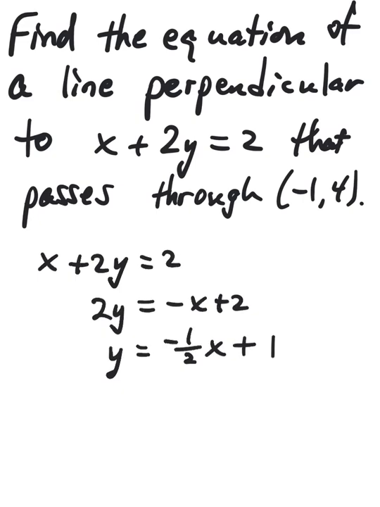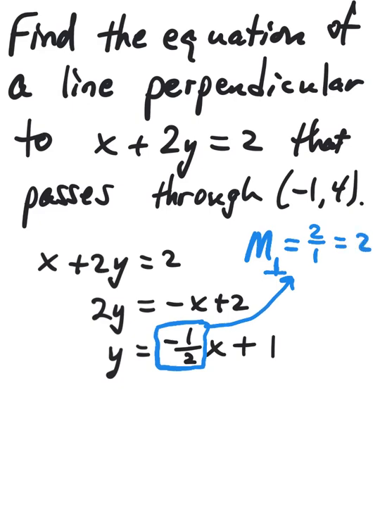Okay, so let's identify our slope. Our slope is -1/2. Now, if we want to be perpendicular to that, the perpendicular slope is going to be a positive 2/1, which is positive 2.